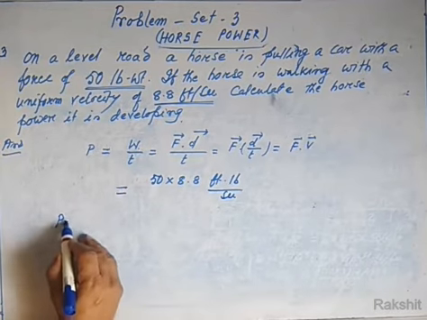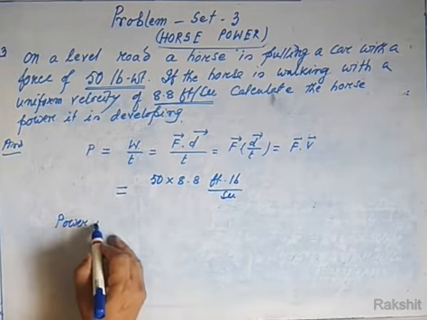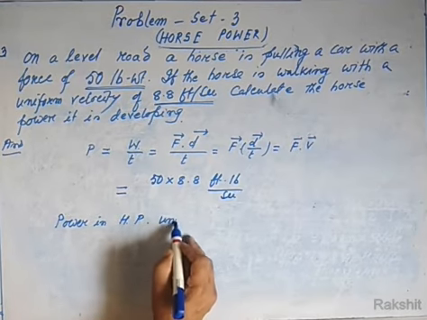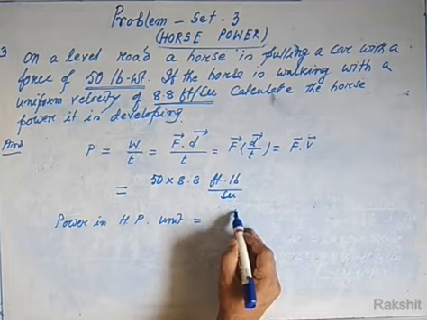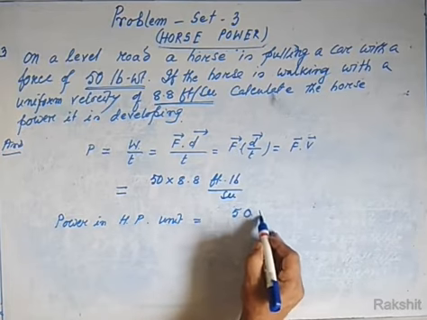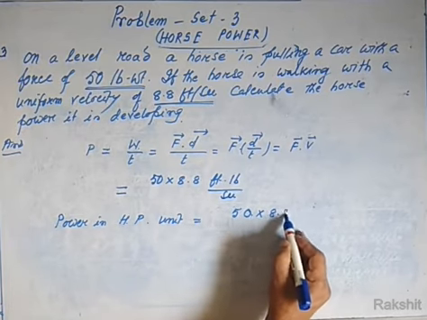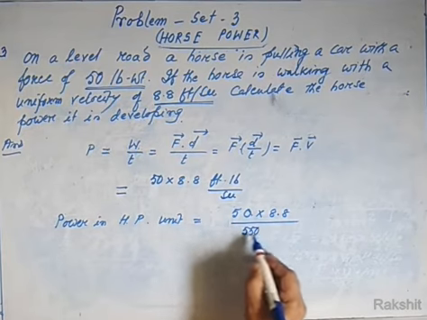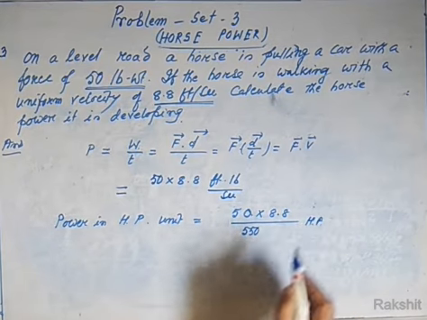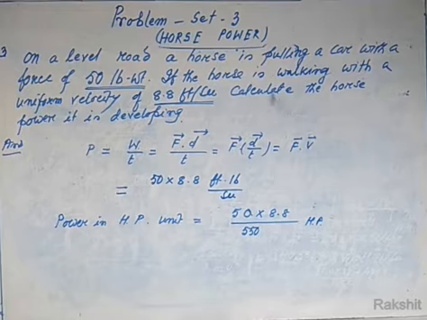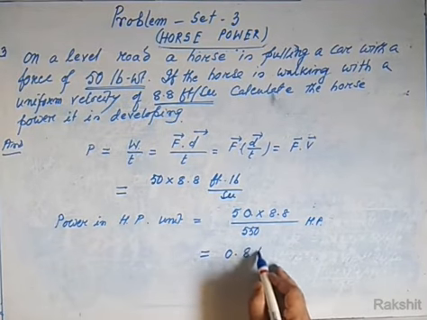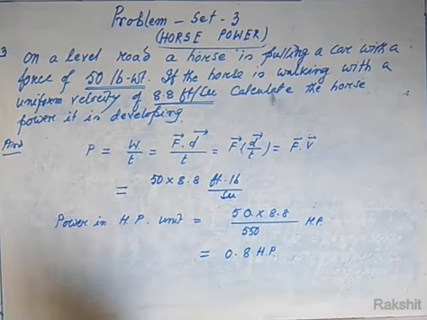So power in HP unit is equal to 50 into 8.8 by 550 HP, which is equal to 0.8 HP. Okay.